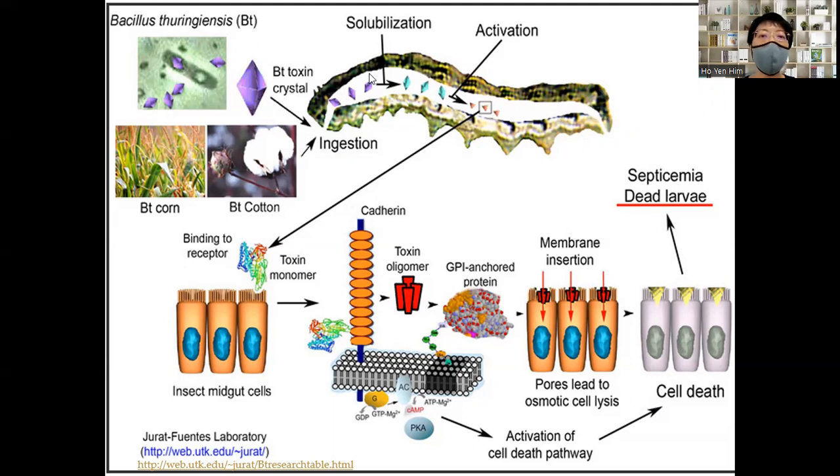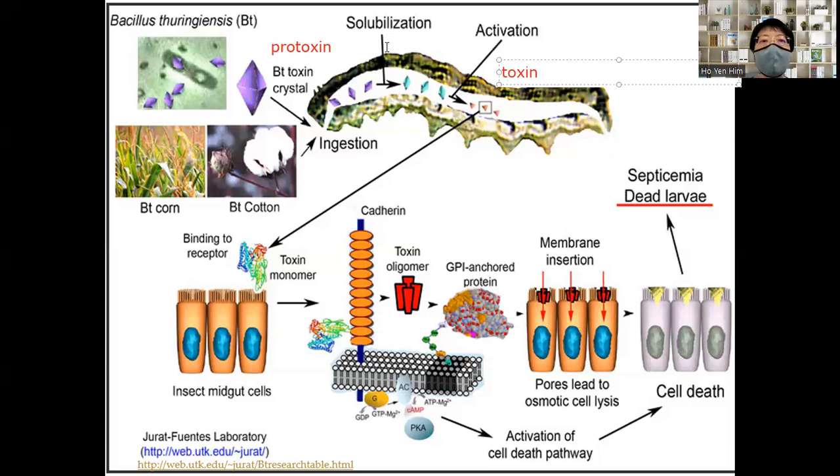They will consume the Bt toxin crystal. When it goes into the digestive tract, enzymes will digest it and make it into smaller molecules that are soluble. So from the original insoluble crystal, called protoxin, meaning before it becomes active toxin, after being digested, it becomes the active toxin.